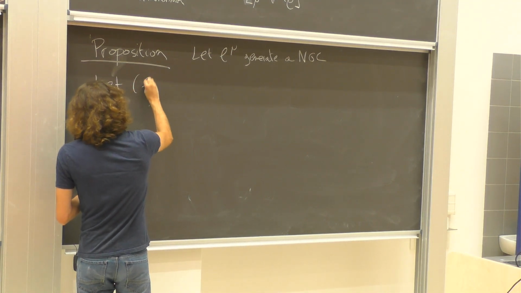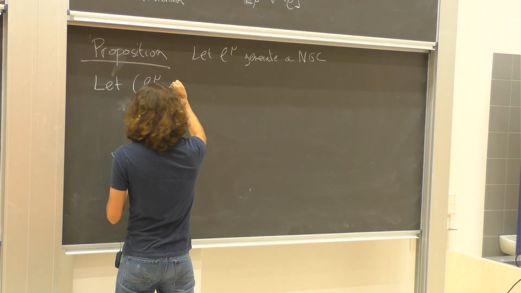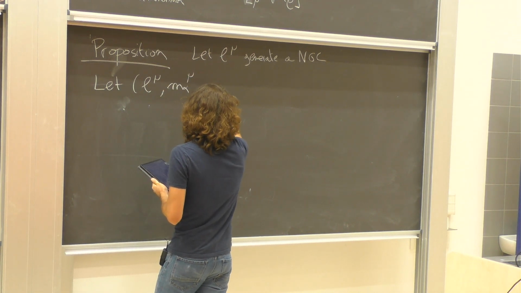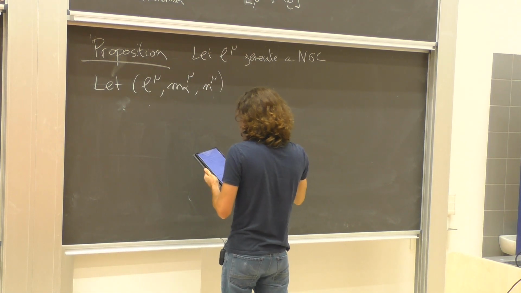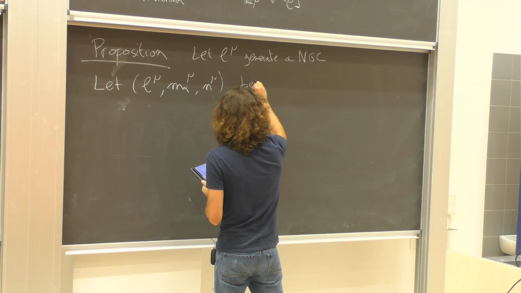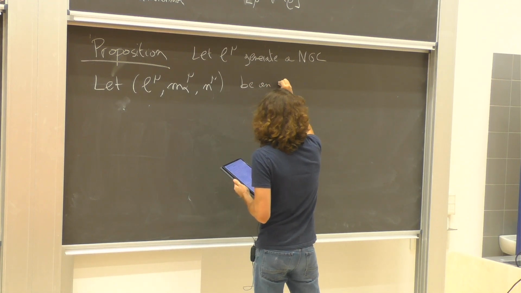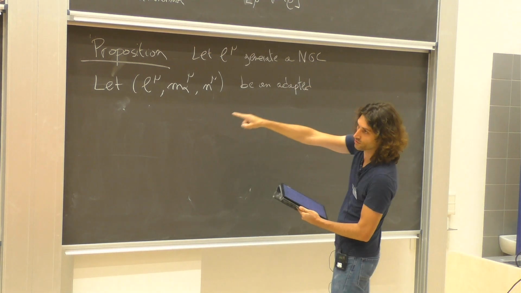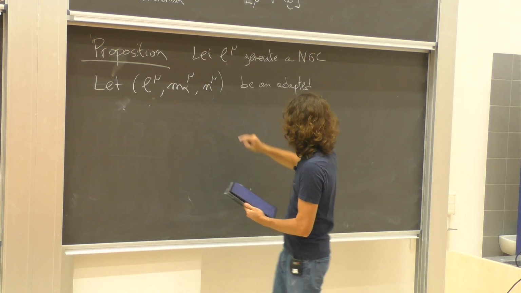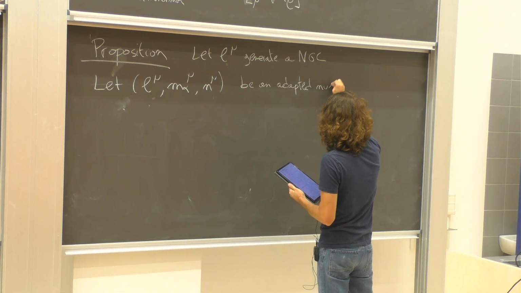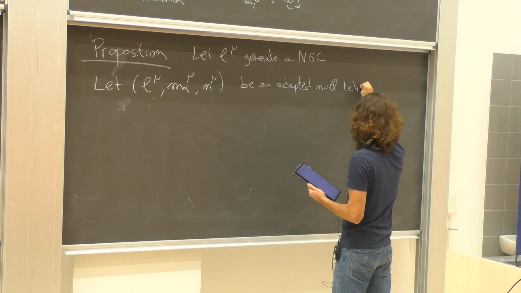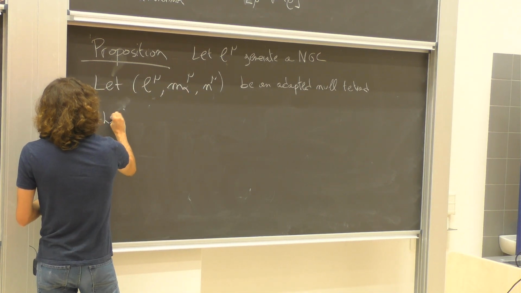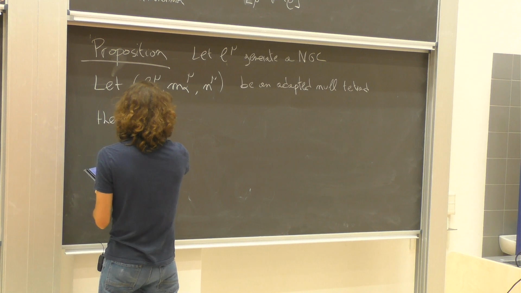Let L^μ, M_α^μ, N^μ be an adapted null tetrad. Here it's adapted just because I'm choosing one of the vectors in my null tetrad to be the vector that I care about. Then the question is how many of these null tetrads we can find. There are not that many.